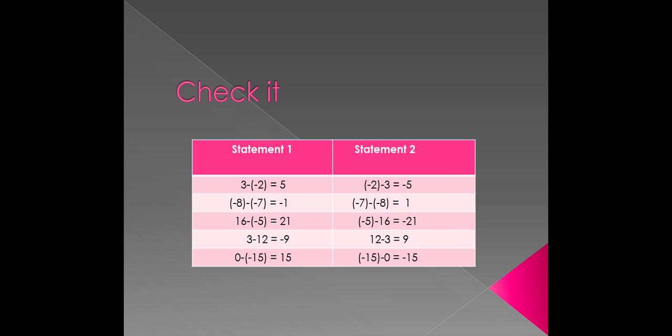If you see, we have not got the same result. 3 minus 12 is minus 9, and 12 minus 3 is 9. 9 and minus 9 are not the same. Similarly, 0 minus minus 15 is 15, minus 15 minus 0 is minus 15, which is again not the same.